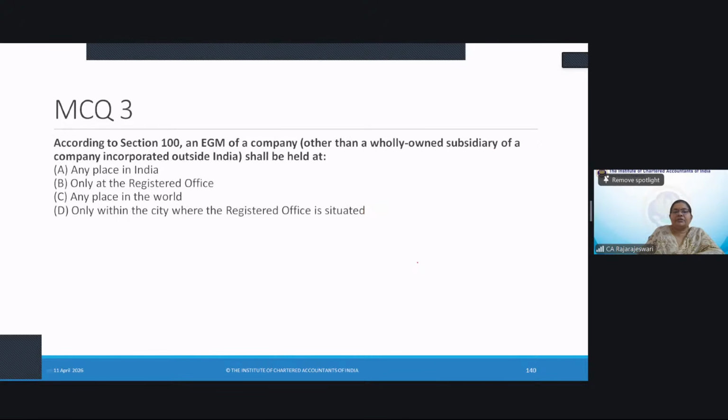Then, according to section 100, an EGM of a company other than a wholly owned subsidiary of a company incorporated outside India shall be held at any place in India, only at the registered office, any place in the world, only within the city where the registered office is situated.